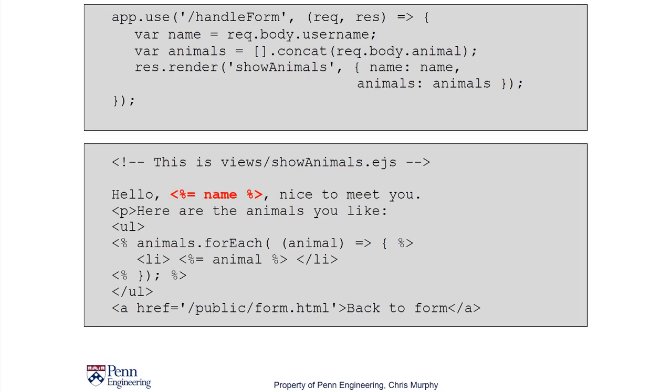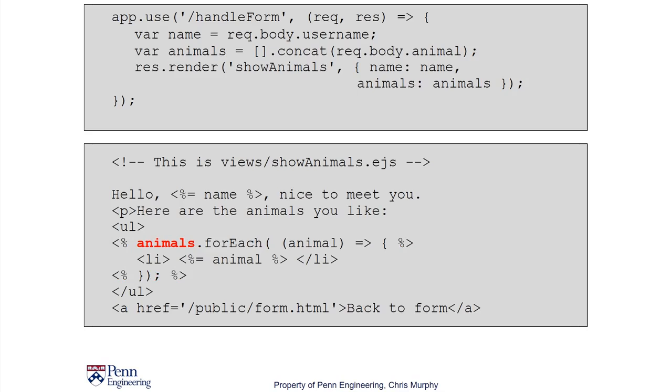The first thing we'll do is greet the user by including the name, and the name came as one of the arguments that was passed to the render function. Now in our EJS file, we do need to include some JavaScript to iterate over all of the animals that are in the array using the forEach function.